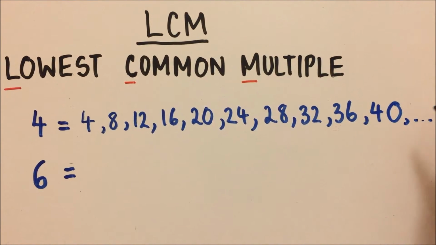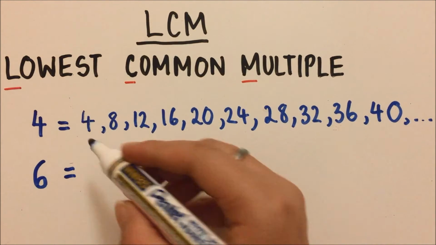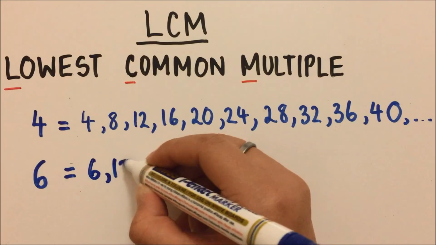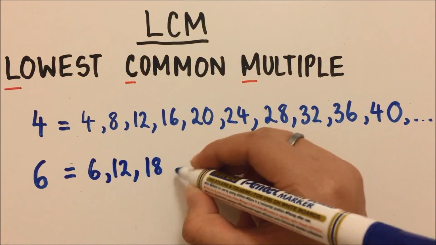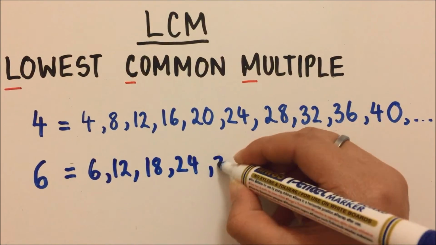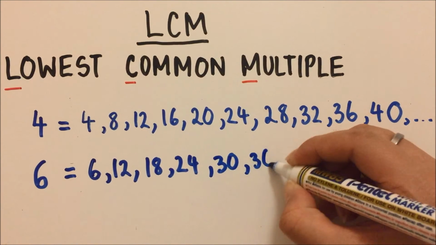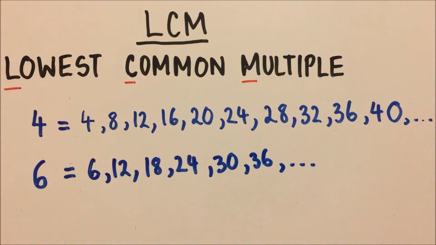There's a reason why I'm doing so many terms, and you'll see why in a second. So multiples of 6, so that's 6 itself, 12, 18, 24, 30, and 36. I'm going to stop here.